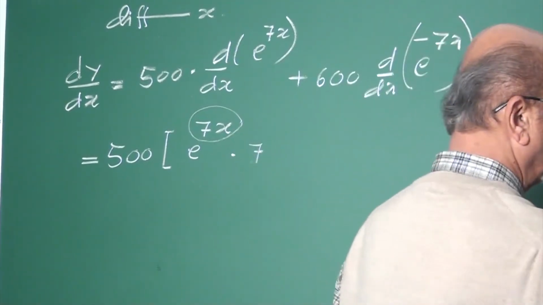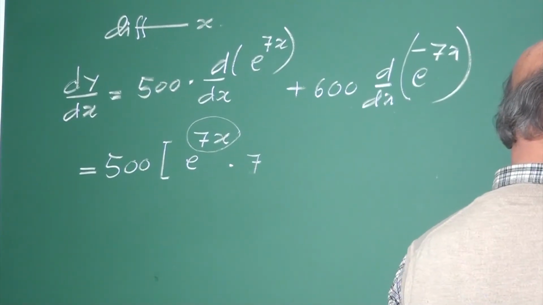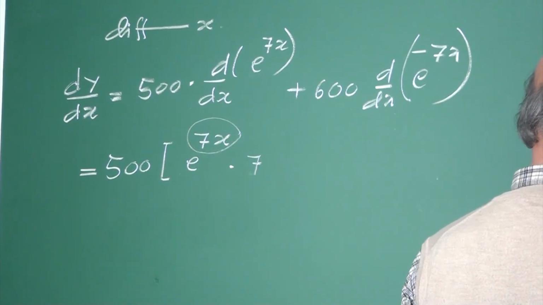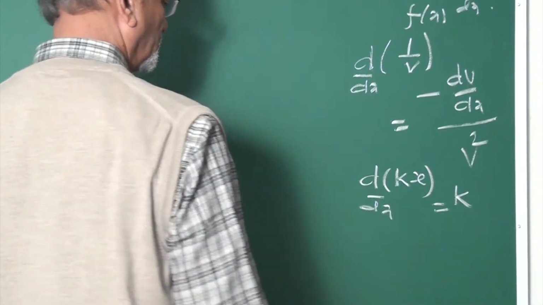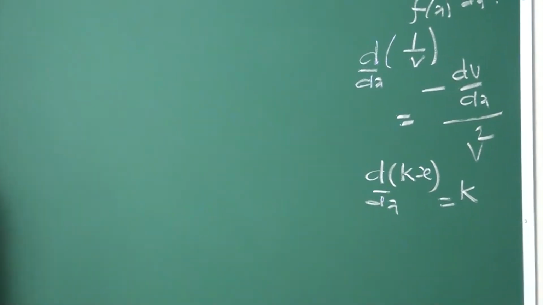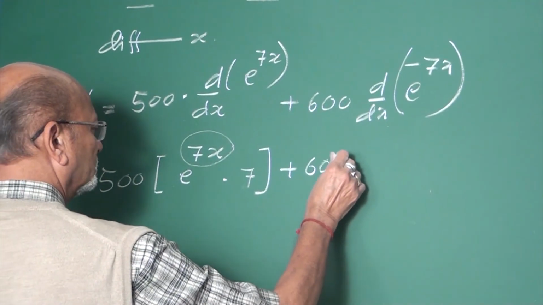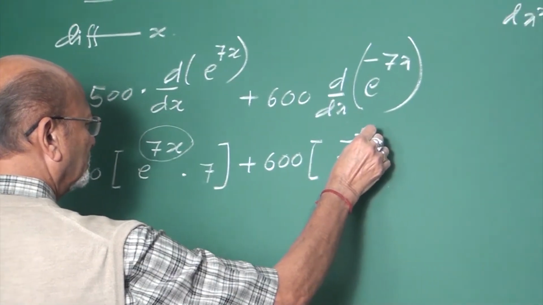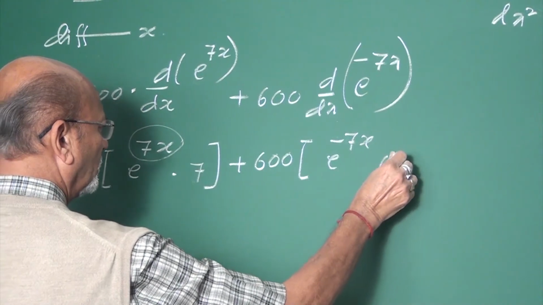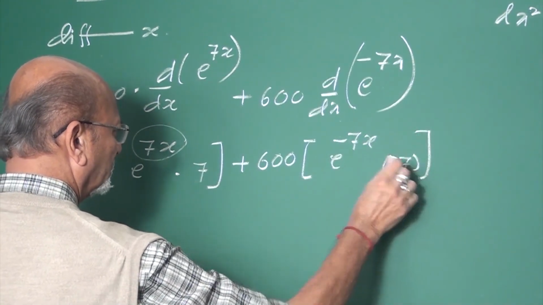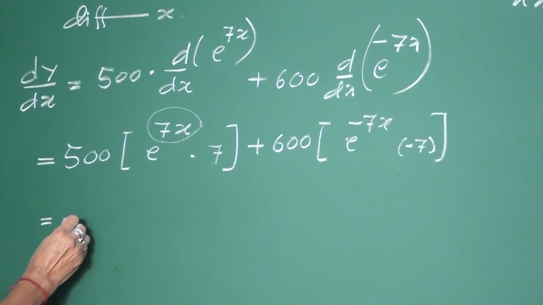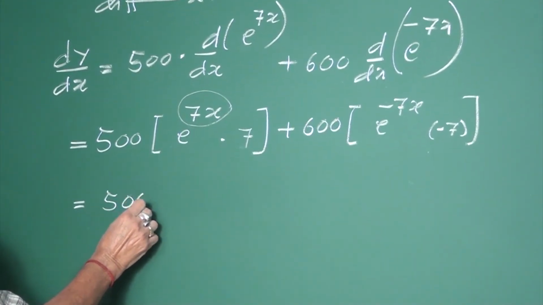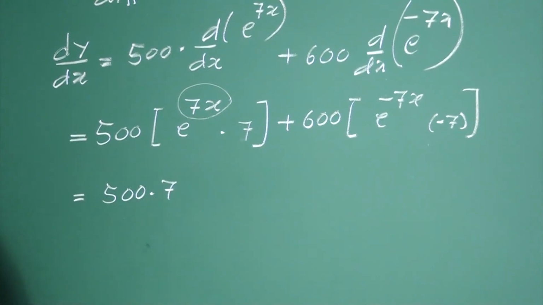I am repeating this again and again. Then 600 as it is, and the derivative of the power minus 7x is minus 7. Yes, you are right. This is equal to 500 into 7.